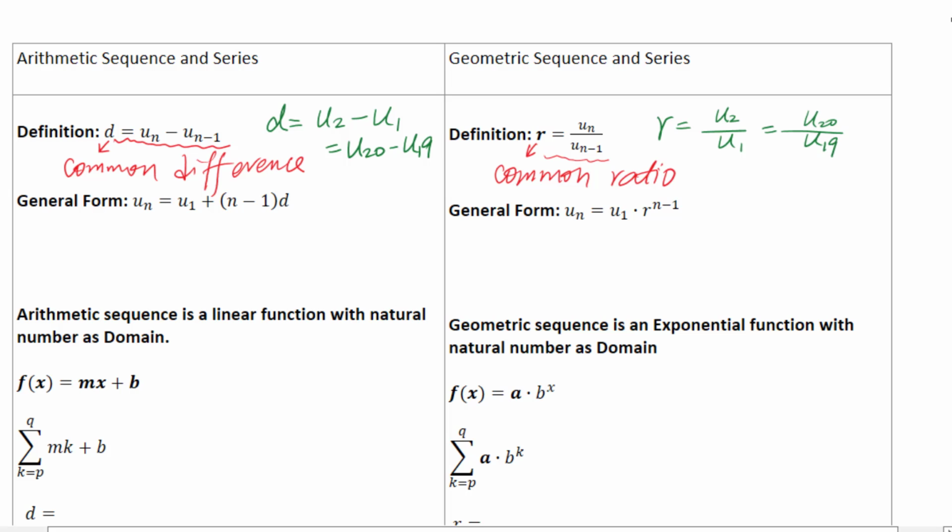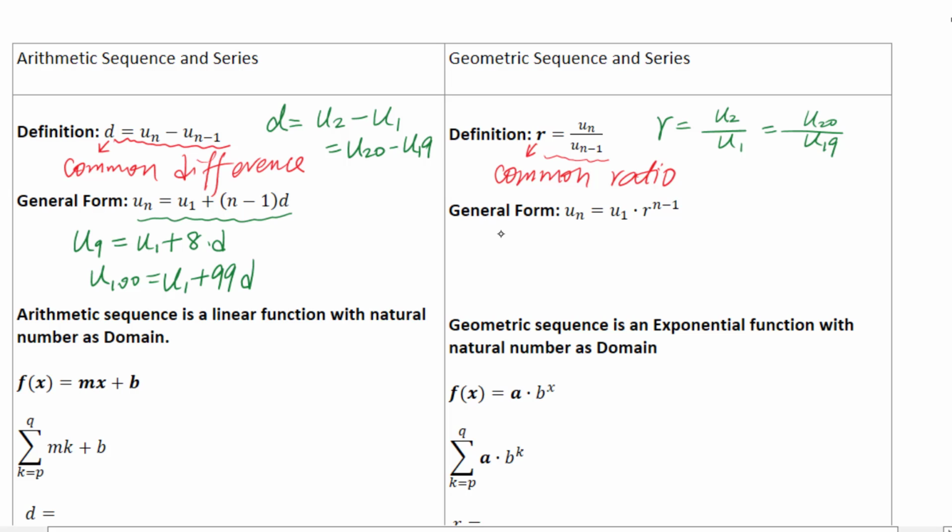The general form for arithmetic sequence is u sub n equals u sub 1 plus n minus 1 times d. For example, I can write down u sub 9 equals u sub 1 plus 8 times d, or u sub 100 equals u sub 1 plus 99 times d.